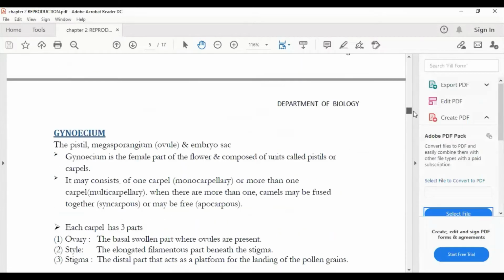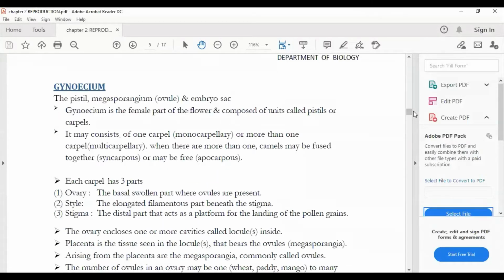Moving on to gynoecium. Under gynoecium, this is the female reproductive part. Under the female reproductive part, you will be studying about the carpel, also called the pistil. There are 2 types of carpel: one is monocarpellary, the other is multicarpellary.